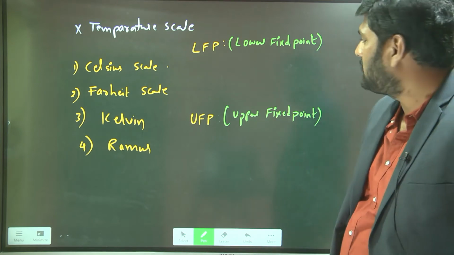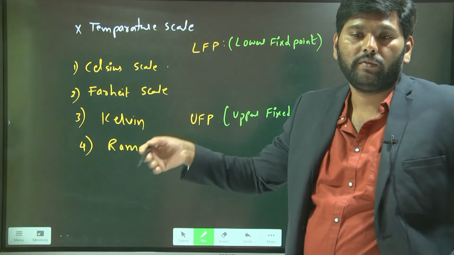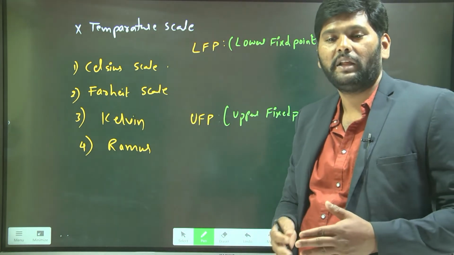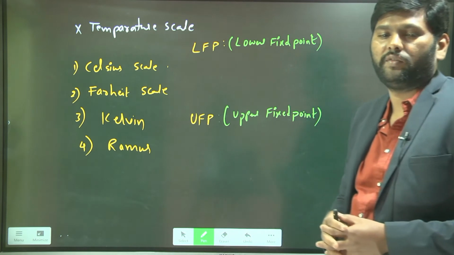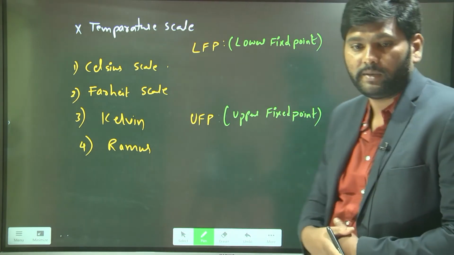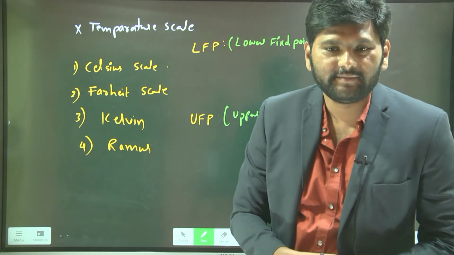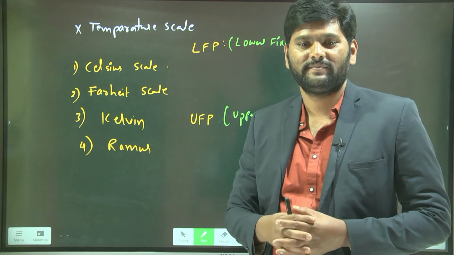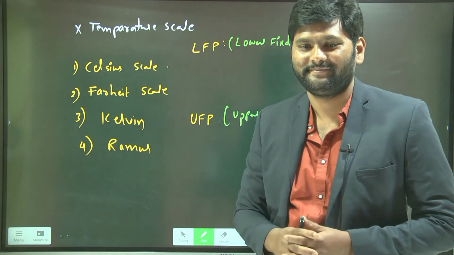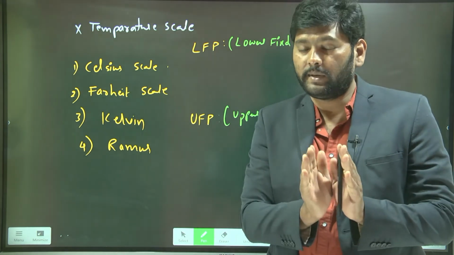But which point do we call the lower fixed point? Sir, the lowest number in a thermometer is the lower fixed point. Very good, that is almost exact, but there is a slight difference.